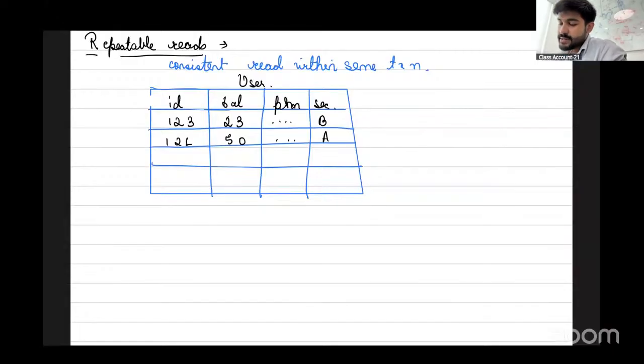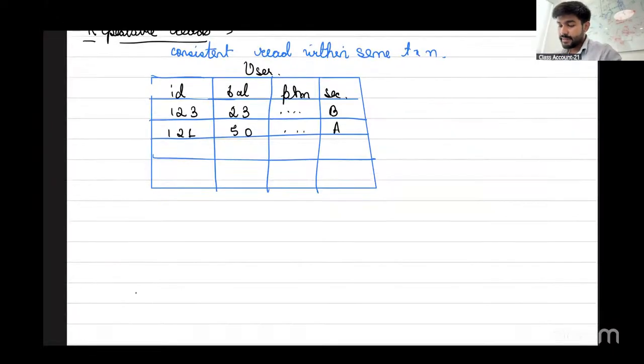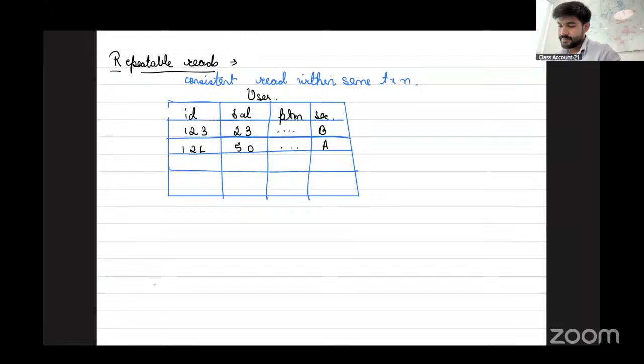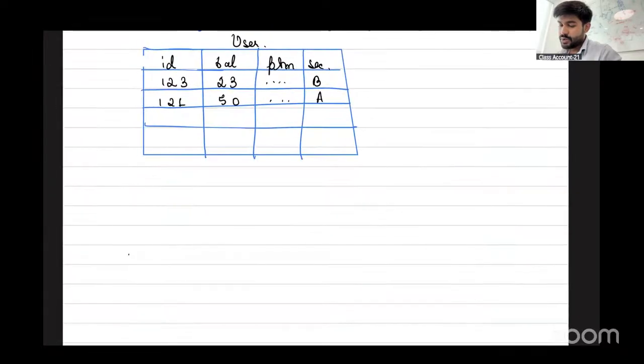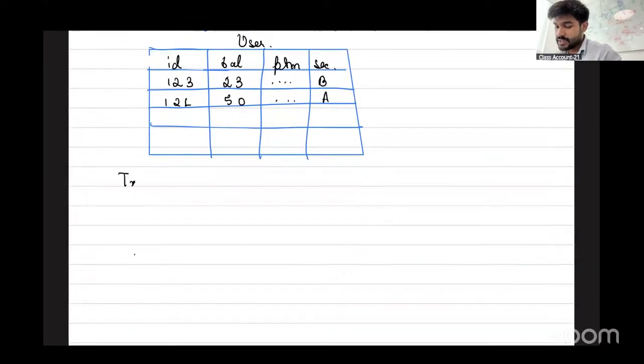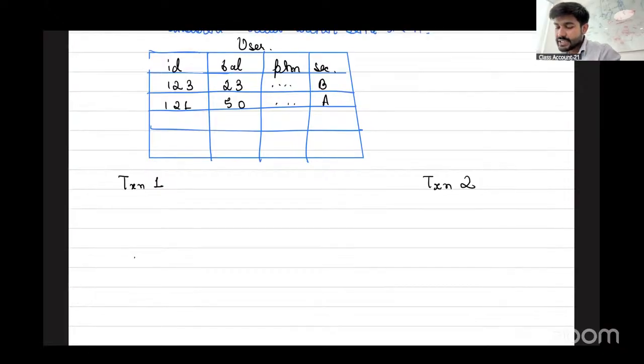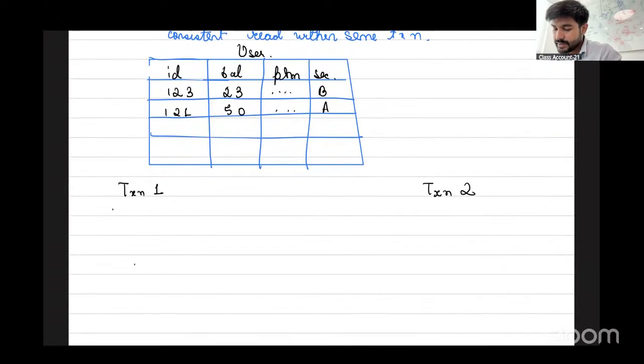Let's say we have written two transactions, transaction 1 and transaction 2. Whenever I'm writing a line, it is getting committed. This transaction 1 starts and it finds out the balance of 123.